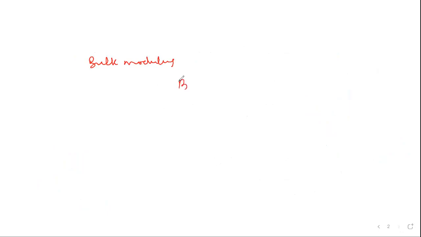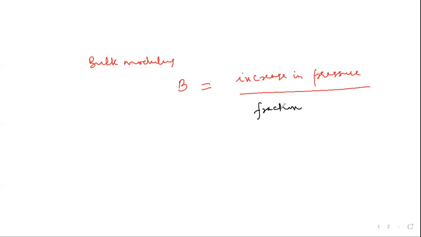So bulk modulus B of this body is defined as the ratio of the increase in pressure, that is delta P, to fractional decrease in volume.